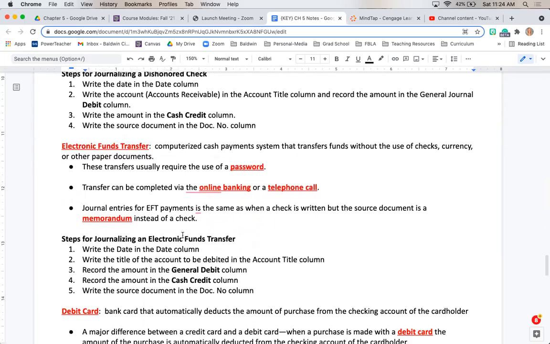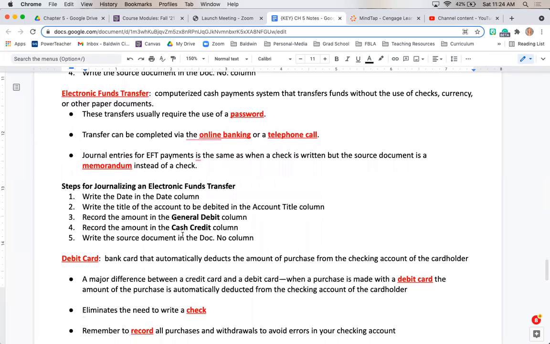The other thing we're going to look at is anytime we have something called an electronic funds transfer. That is when we are transferring money, buying something with the business debit card, wiring money, or having an automatic payment. Anytime physical cash or a check is not being used, that's going to be an EFT.